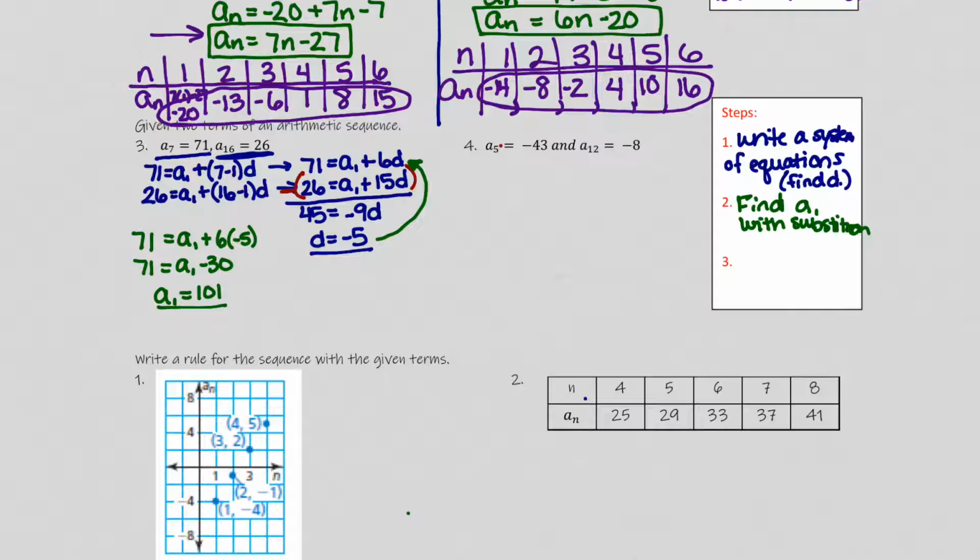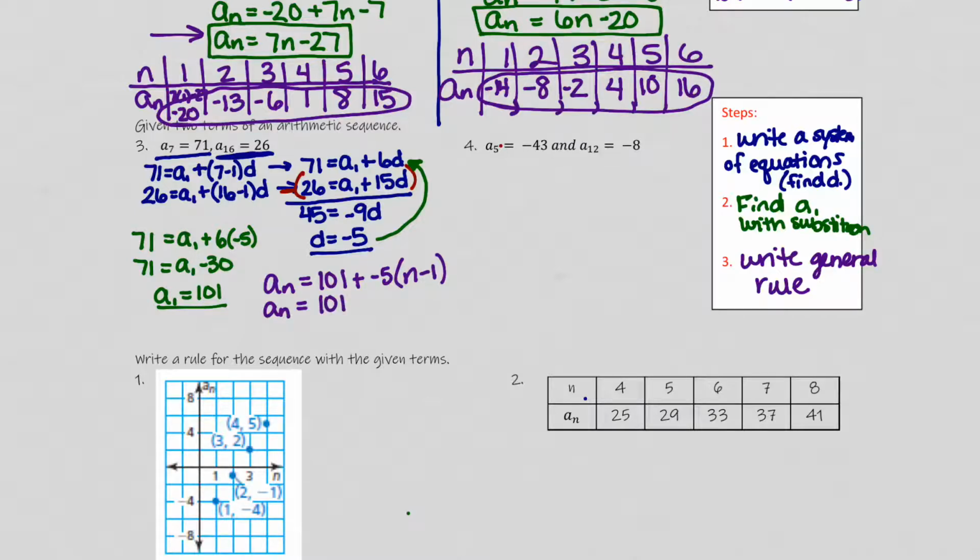So now I have a1, and I have d, and now we write the general rule. So an equals the first term, which is a1, plus d, which is negative 5, times n minus 1.